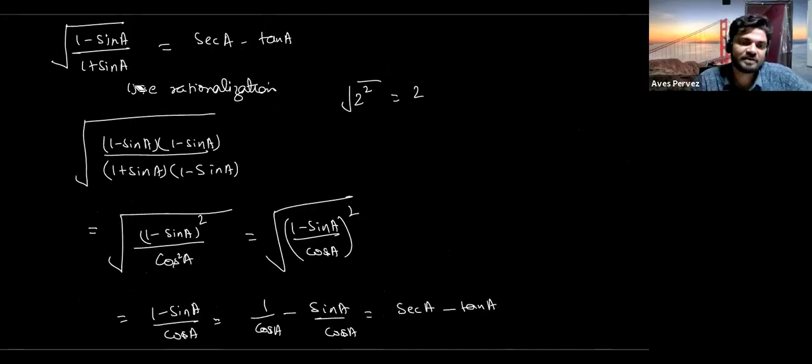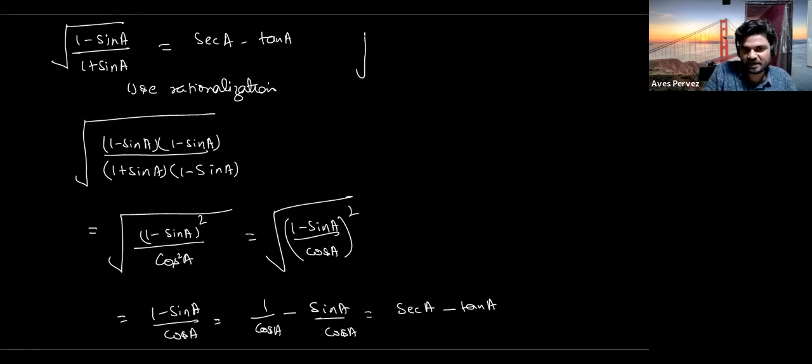Another type of problem that we are going to face is the under root type of problem. When we have under root problems, what we need to do is rationalization. Do you know what rationalization is?